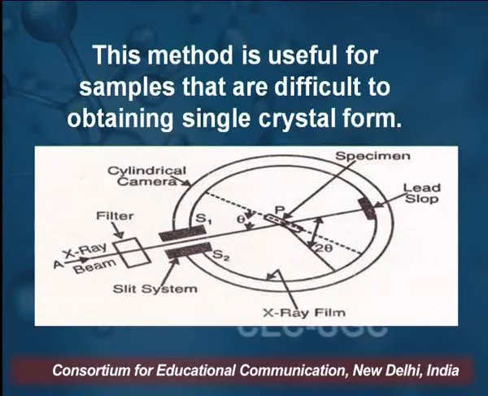Here we see that on the left hand side there is a point A from where the X-ray beam passes through the filter. Because we are using monochromatic light, we pass it through the filter so that we can get single wavelength light. After that, it passes through the slit and falls upon a crystal.